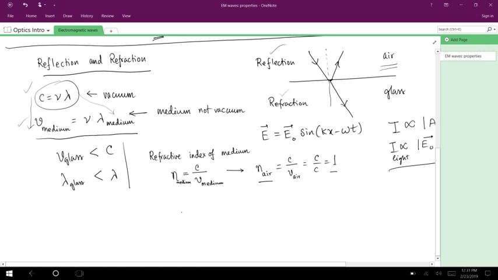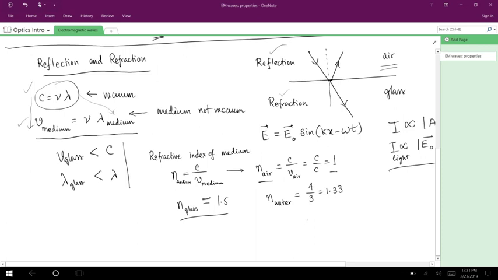Okay, the other examples of refractive indices are in glass. So glass, it depends on the kind of material that glass is, but roughly it's about 1.5. It can be slightly larger. It can go to about 1.7 ish. But we'll take 1.5 for this one. And in water, the refractive index of water turns out to be equal to 4/3 or 1.33. So what does this tell you?